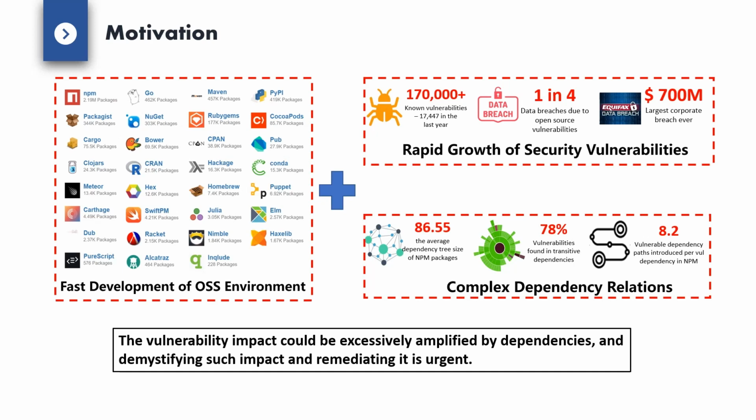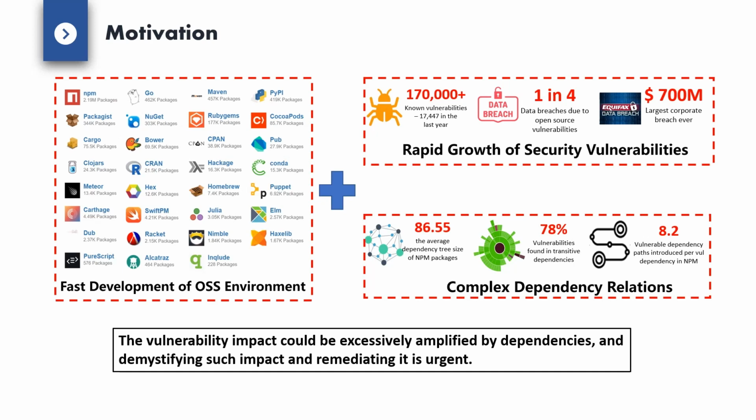Moreover, the complexity of dependency trees and the variety of dependency management in different ecosystems also make it even more difficult to capture and measure the impact of vulnerabilities from third-party libraries properly. All of these factors make vulnerability impact excessively amplified, and it is urgent to demystify such impact and remediate these vulnerabilities properly, from the perspective of the ecosystem.